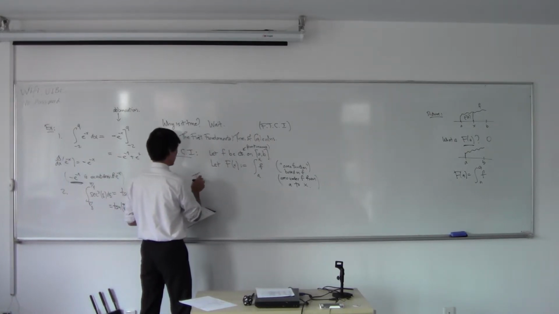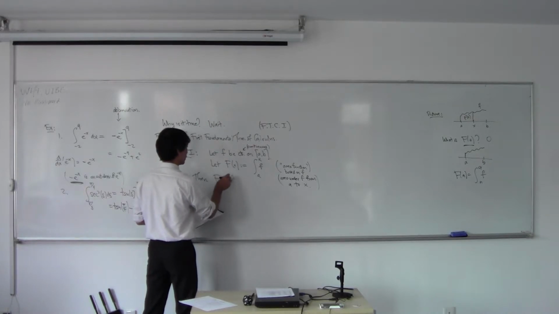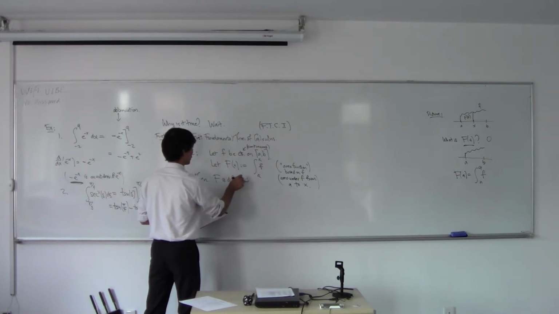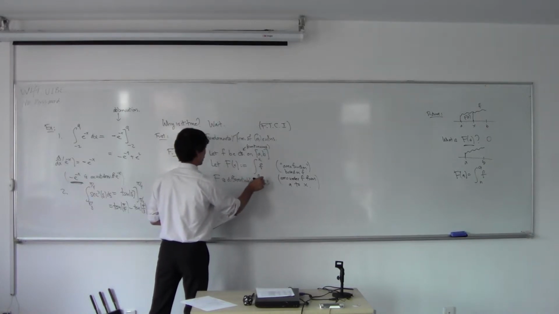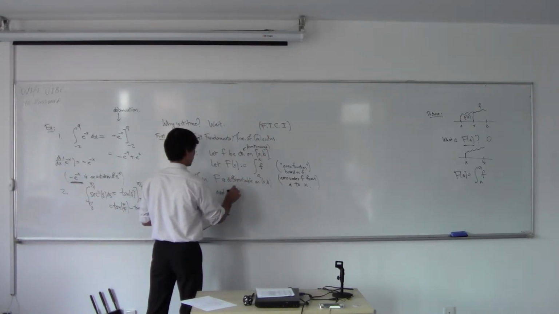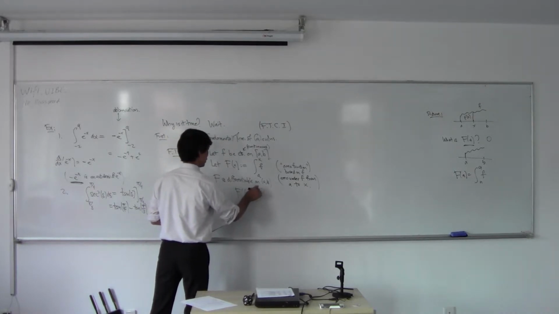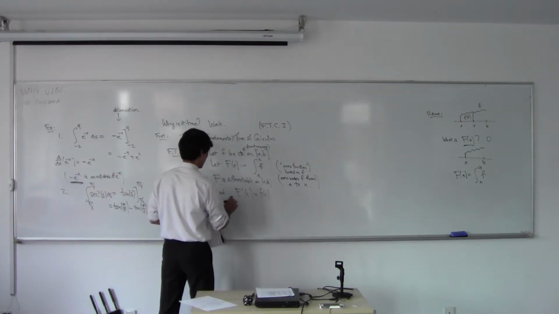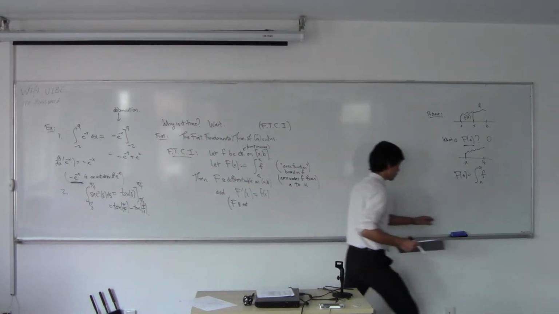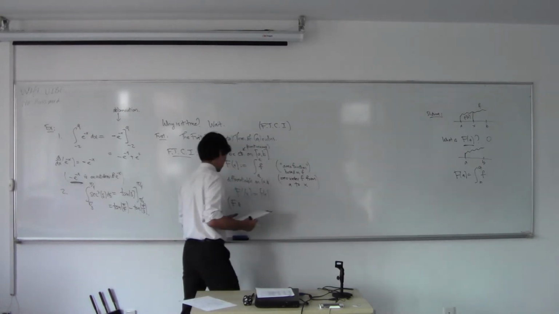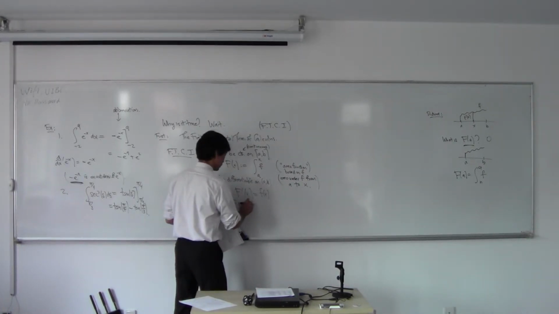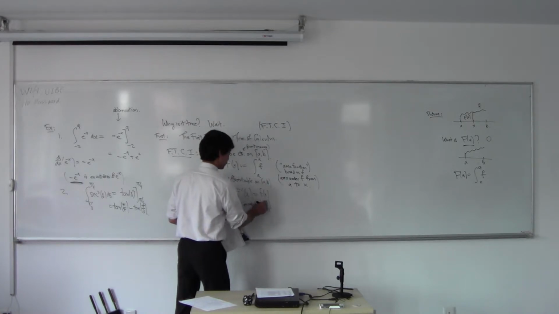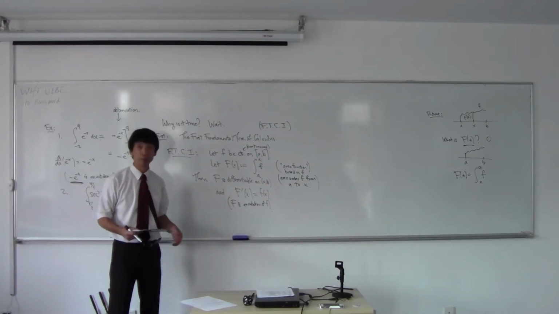Then big F is differentiable on (a, b), and in fact, big F prime turns out to be little f. Big F is an antiderivative of little f.